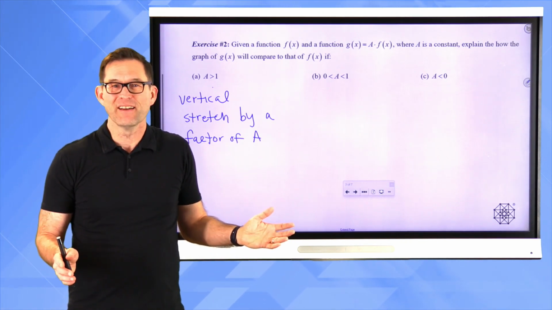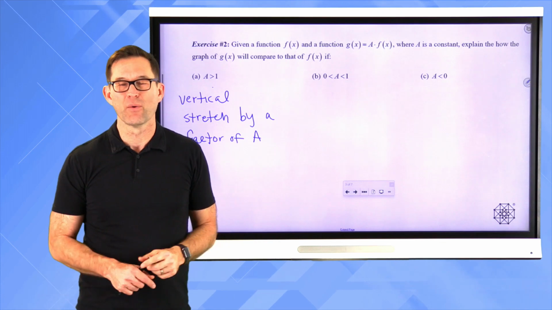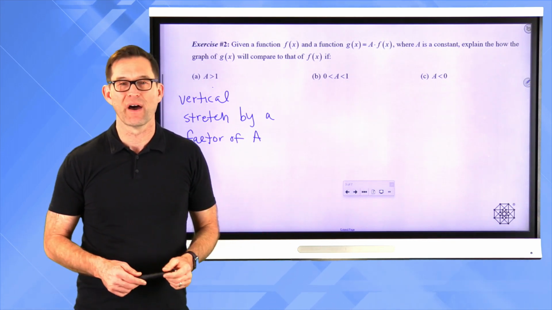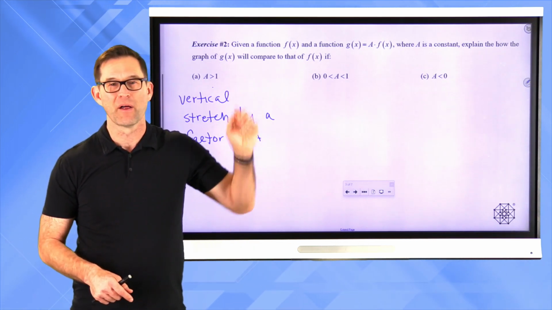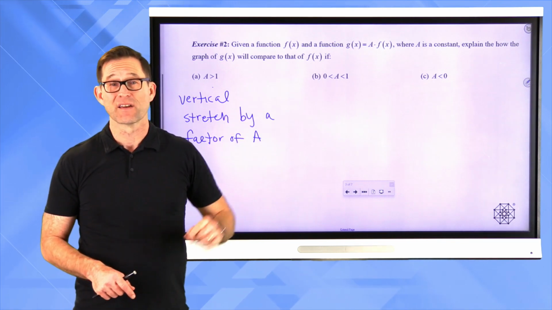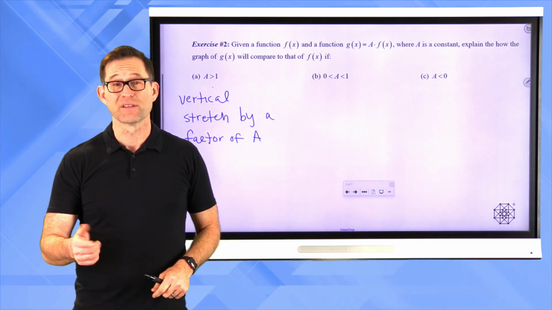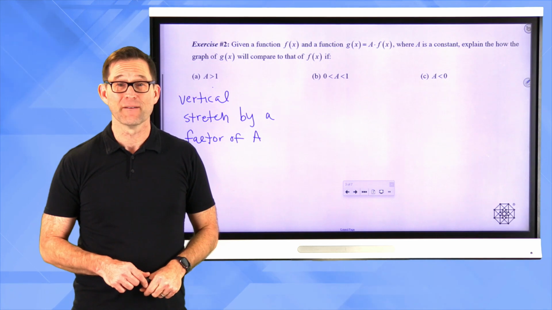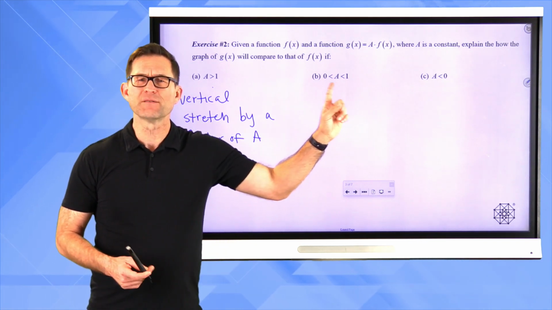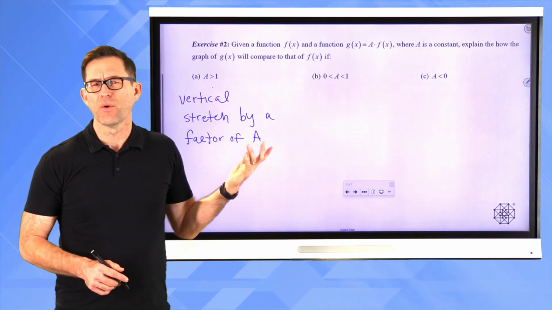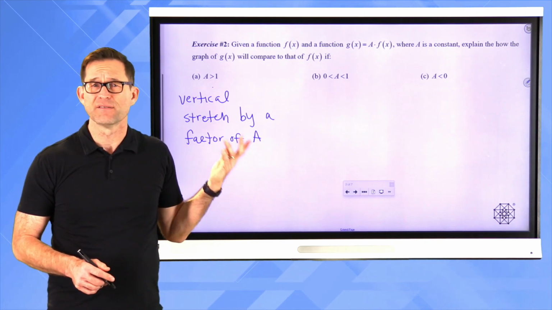And that makes sense, right? If the biggest y value originally is 1 and the smallest y value is -1, and then I multiply by a, well, then the highest it's going to go is positive a, and the lowest it's going to go is negative a.